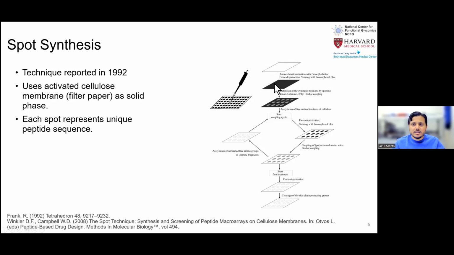And once you have that amino acid on the surface, you can basically build peptides as spots by just pipetting activated amino acids in different spots and then going through the cycles of deprotection and repeating spotting again. So each spot on these membranes, in essence, elongates to form its own unique peptide structure.